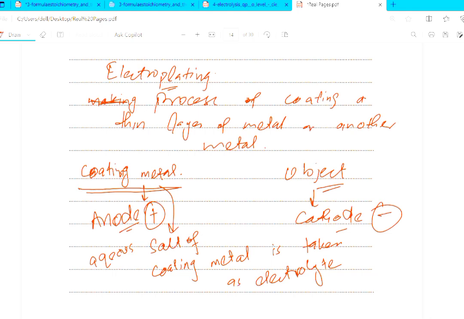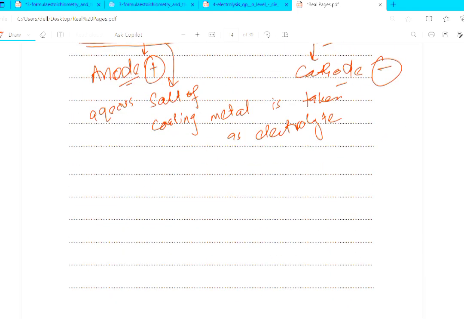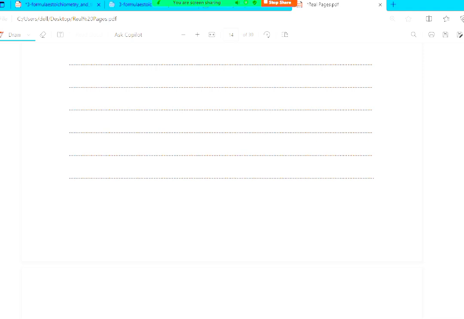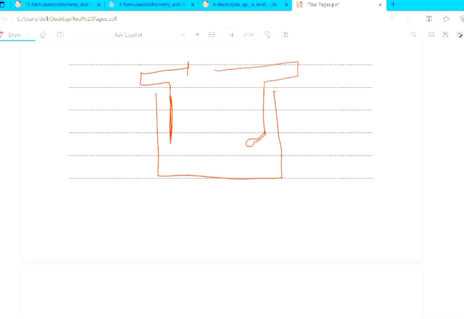So here we go. We have an electrolyte tank. Here is the anode made of copper. We are electroplating copper on an object. I'm taking a spoon here, or anything you may consider. This is the object, this is the cathode, which has minus charge.